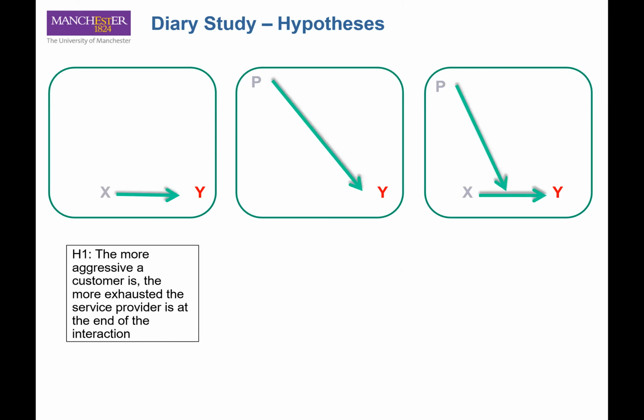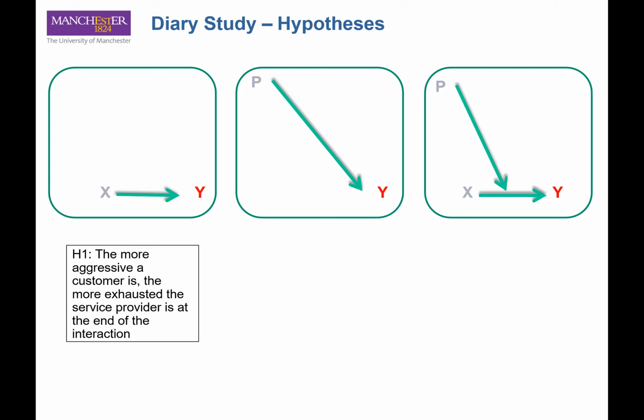In the following, we are going to see the hypotheses from the diary studies that involve multi-level data analysis. For hypothesis 1, the more aggressive a customer is, the more exhausted the service provider is at the end of the interaction. So X, the predictor, the antecedent, is the aggressiveness of the customers.